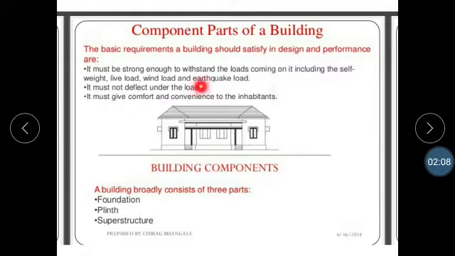In between superstructure and substructure we provide a plinth at the junction of column and foundation to have a proper distribution of the load from column to foundation, and to protect the structure from rainwater, that is the main purpose. So this is the basic classification of the components.